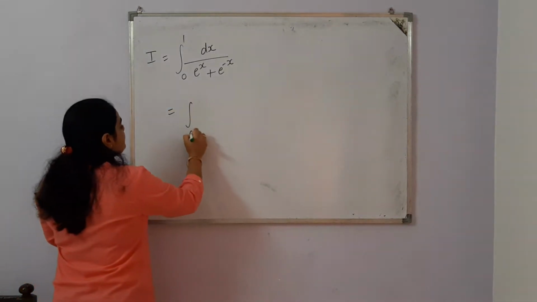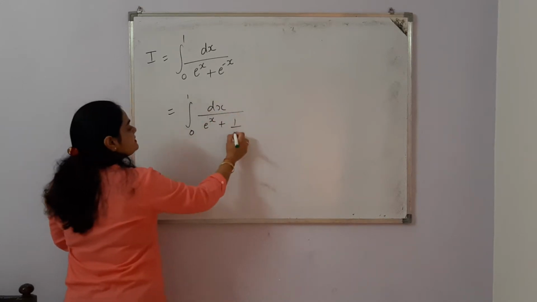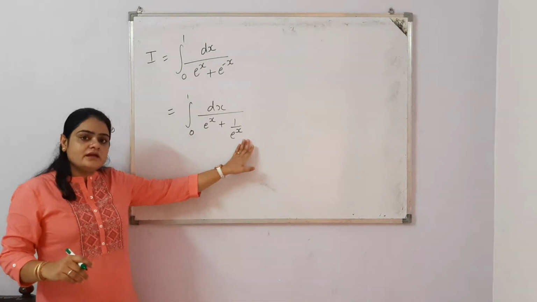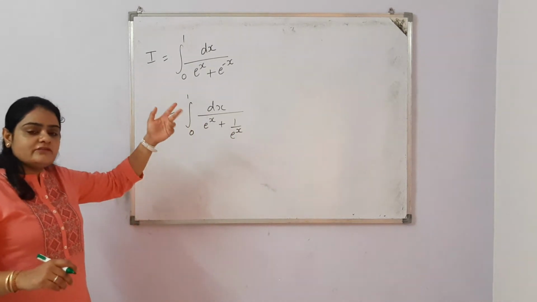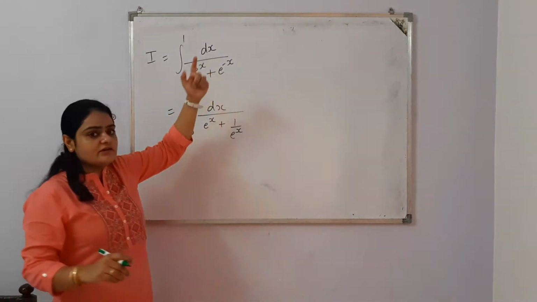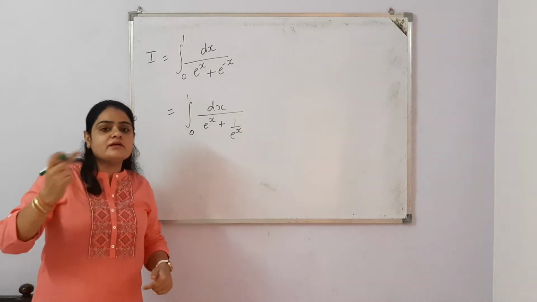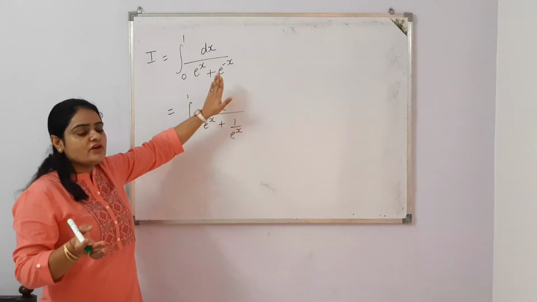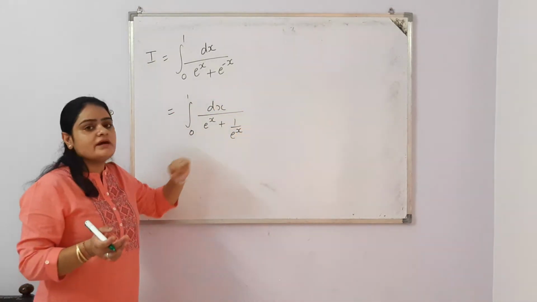Of course, I can write e raised to power minus x as 1 by e raised to power x, because in the case of an exponential function we always need a positive power. If the power is negative it becomes positive when reversed, and if the power is positive it becomes negative. So I changed e raised to power minus x as 1 by e raised to power x.